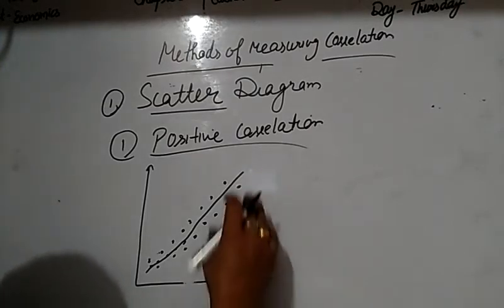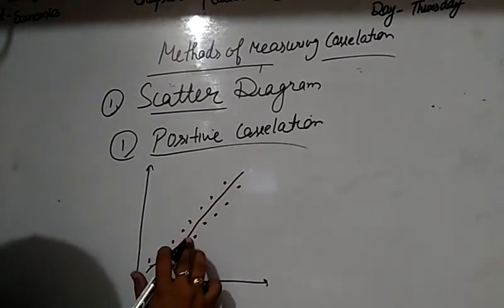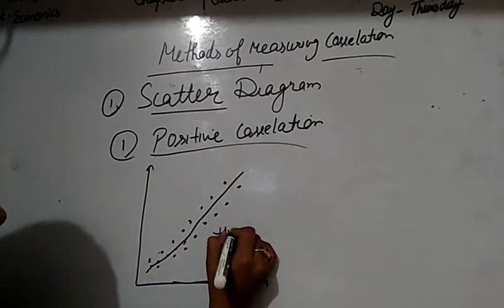When these points are very near to the line, to that we call high positive correlation.